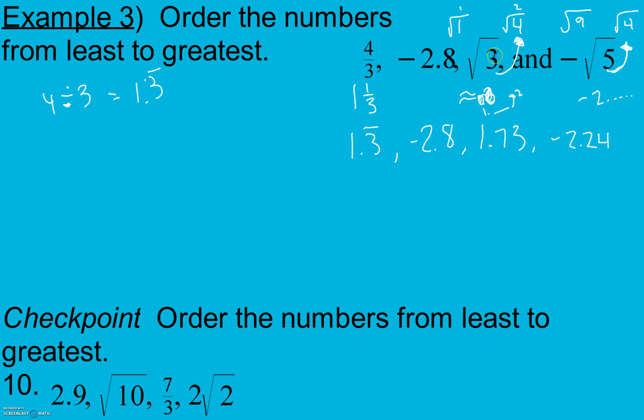So again, the square root of 3 is in between 1 and 2, closer to 2. And the negative square root of 5 is in between negative 2 and negative 3, closer to negative 2. So to put these in order from least to greatest, we can use a number line if we want to.